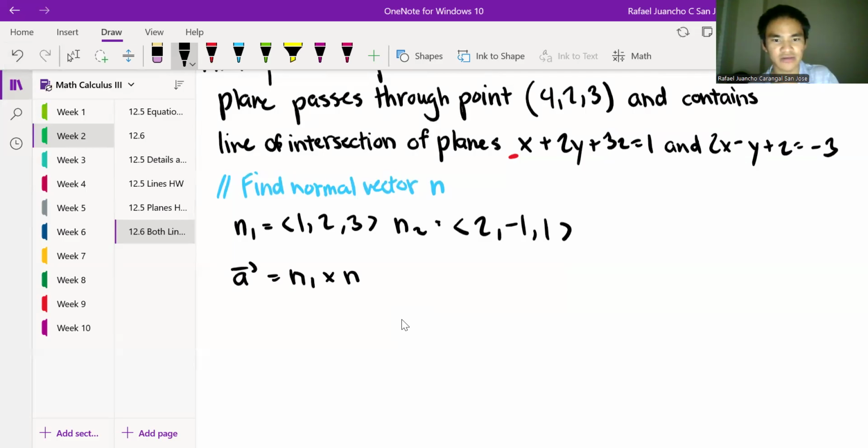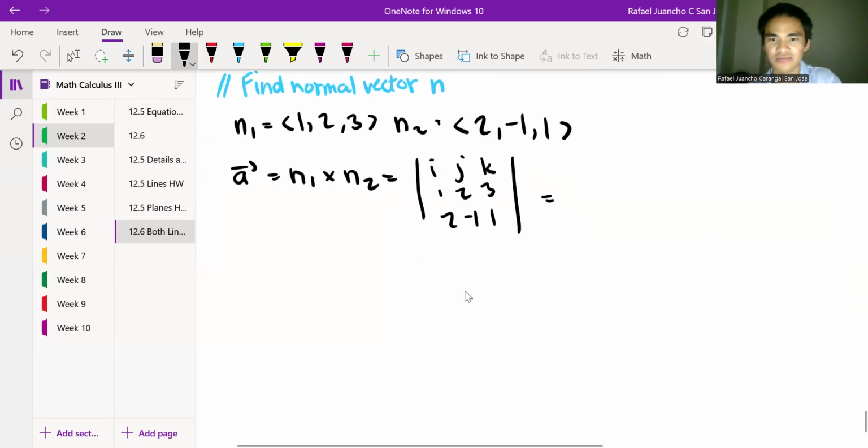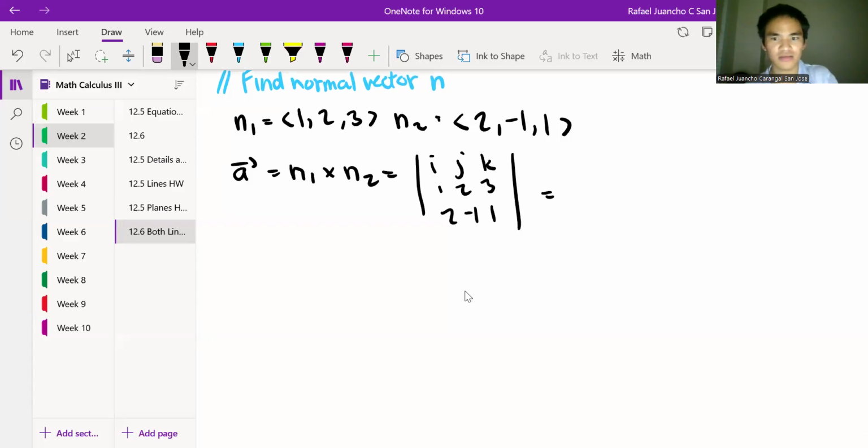So we want to get their cross product here. I, J, K. 1, 2, 3, 2, -1, 1. And then this is going to be, well, let's just do it here.